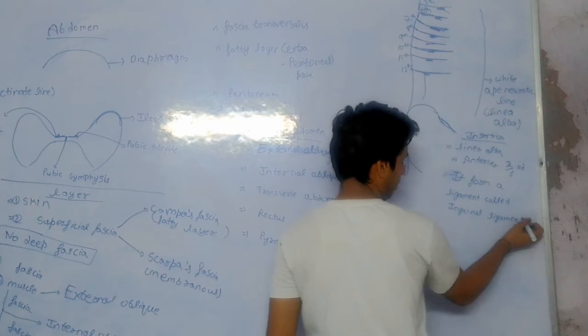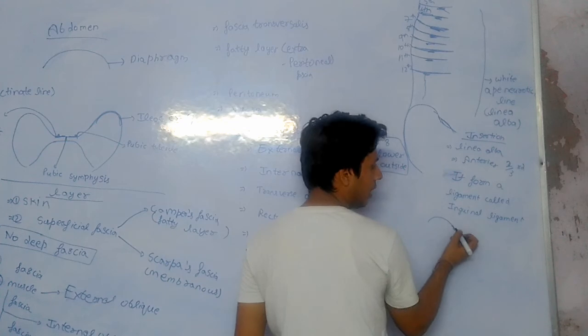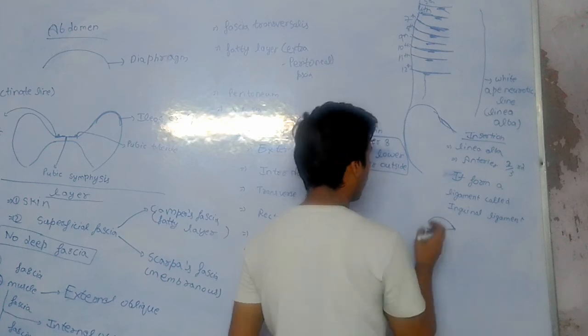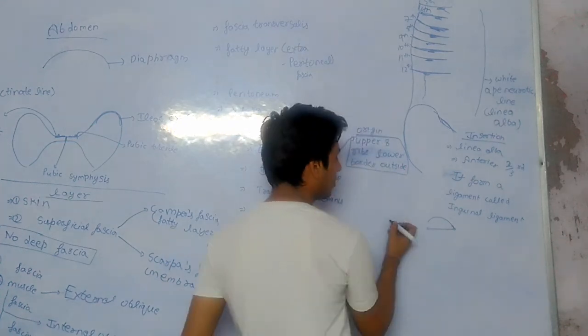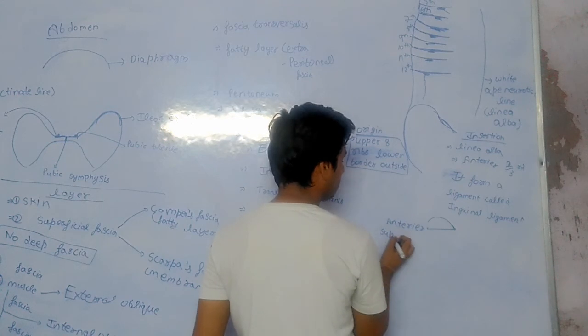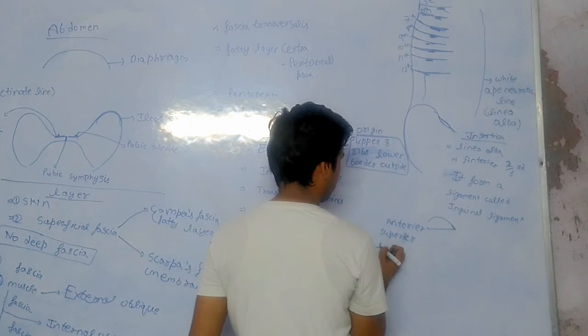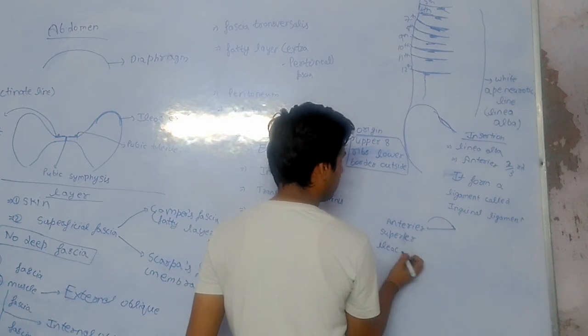Like, let's say this is the anterior iliac crest, then this is the front point. On the anterior side, there is a point called the anterior superior iliac spine.